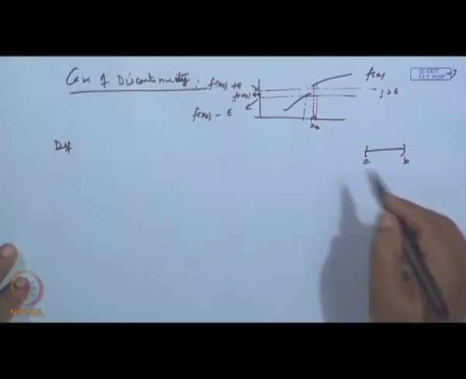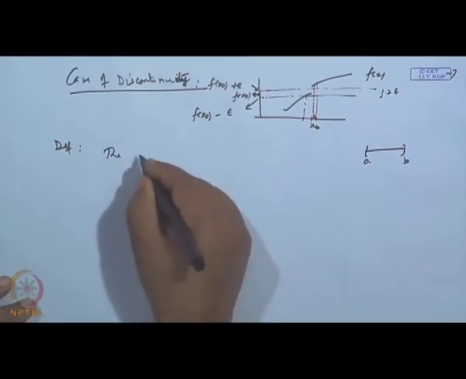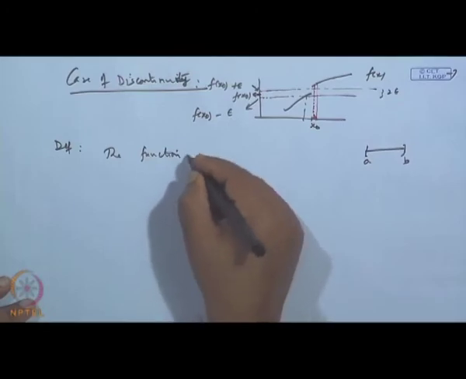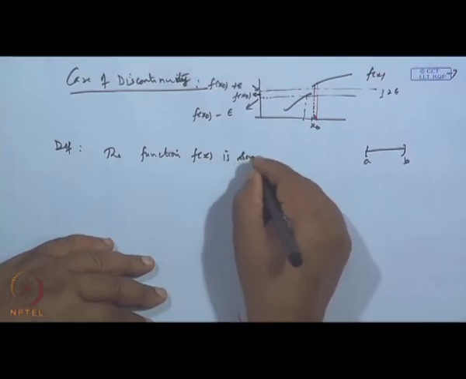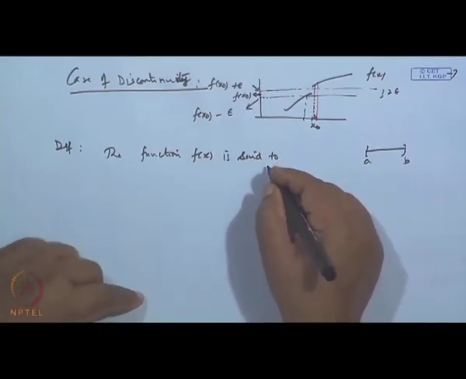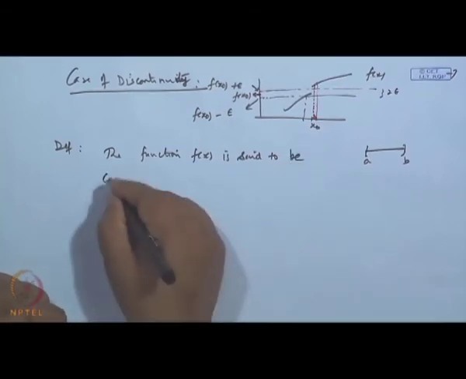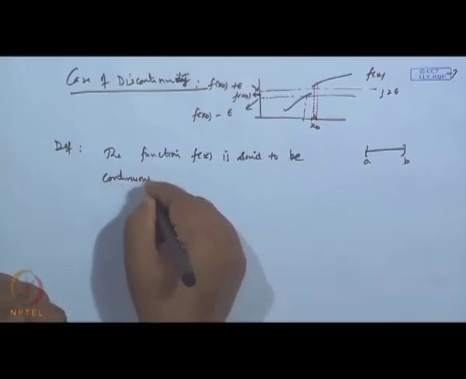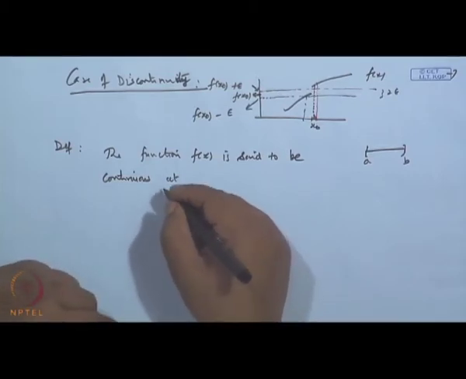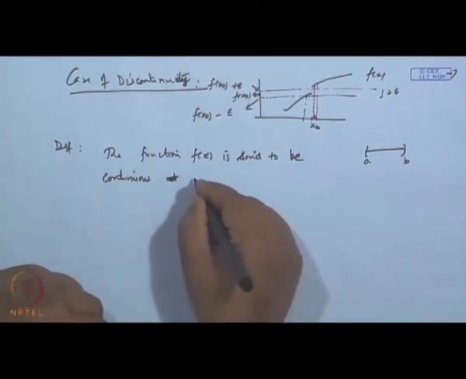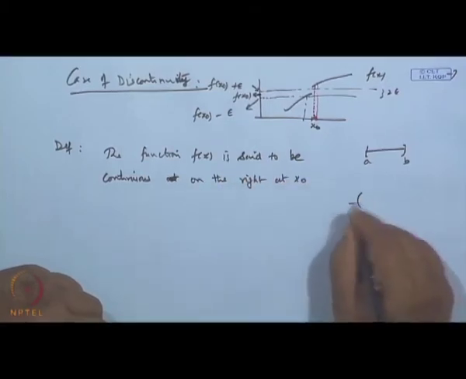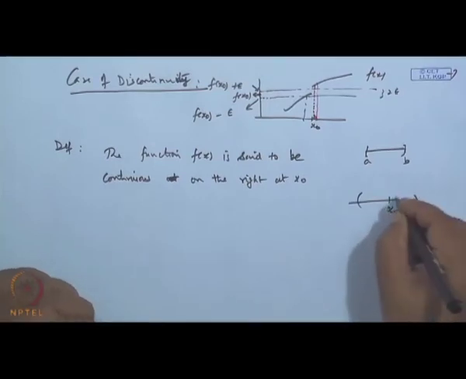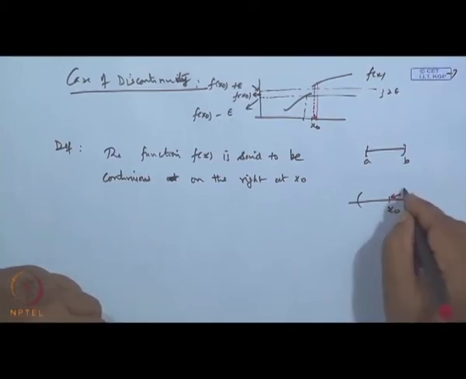So we say f(x) is said to be continuous on the right at x naught. Suppose this is x naught, on the right means this side.